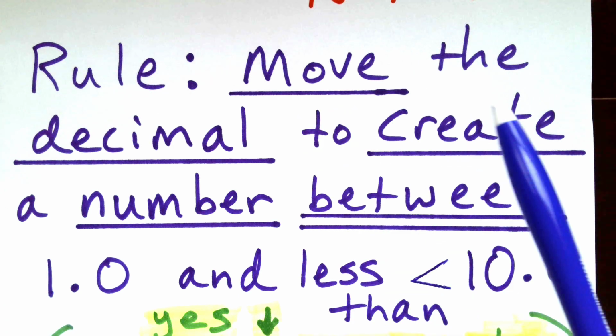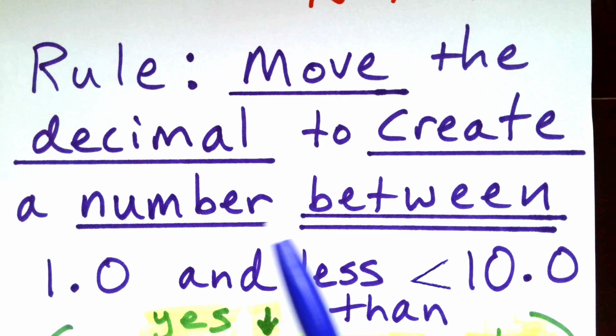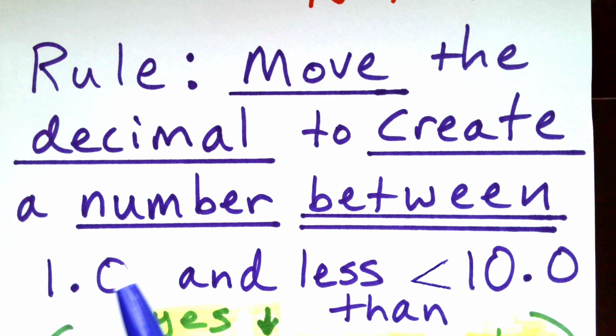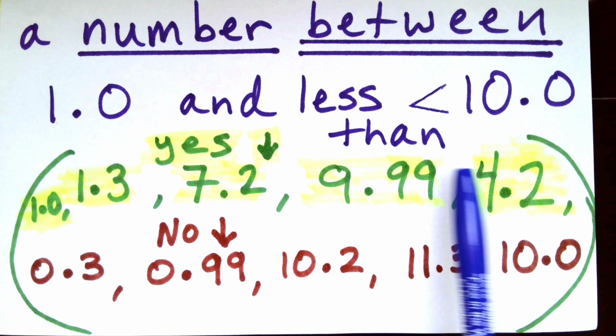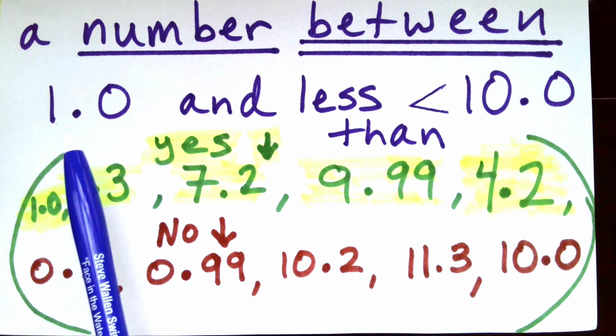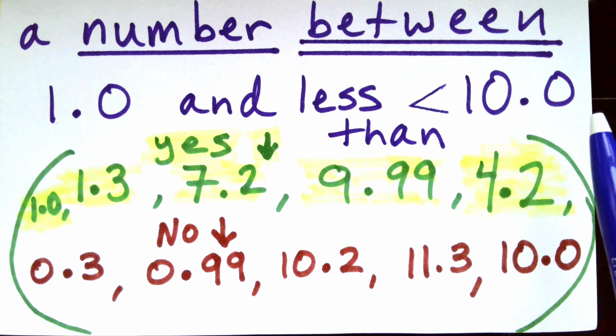So the rule is you want to move the decimal to create a number between 1.0 and a number that is less than 10. 9.99 is an example. So here you can see some examples that fit that rule. You have to keep in mind you want a number between 1.0 and a number that's less than 10.0.